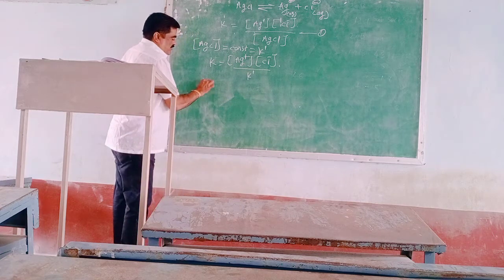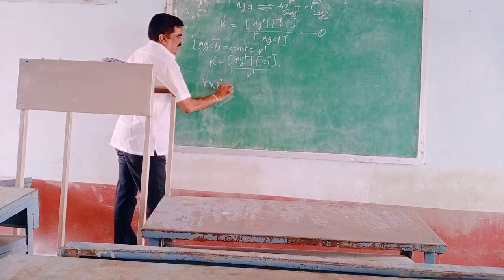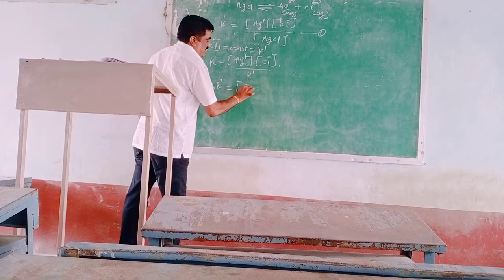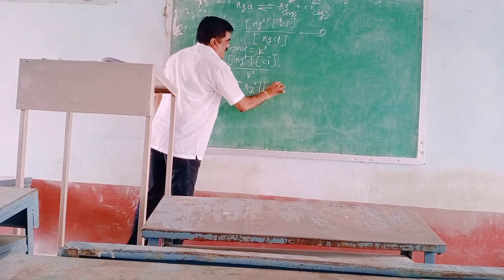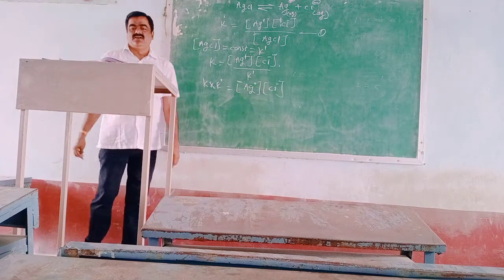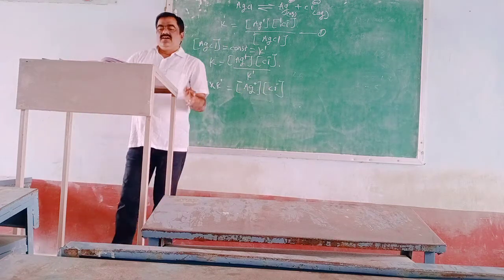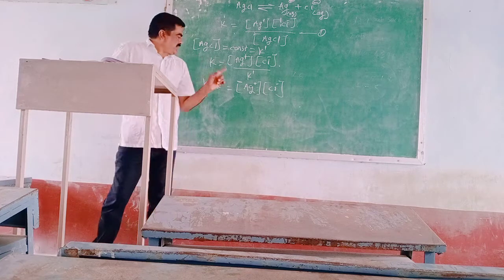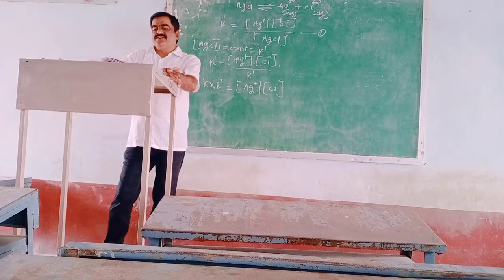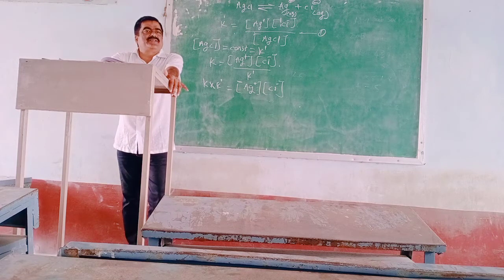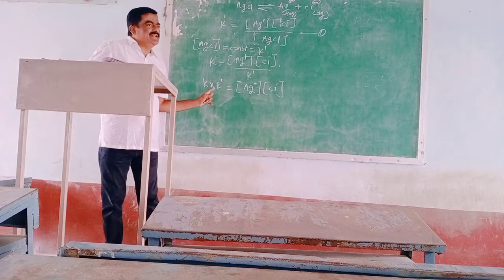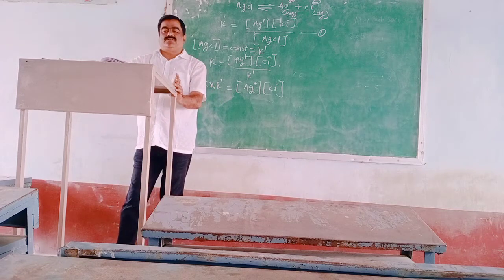Then K into K dash is equal to the molar concentration of Ag plus into the molar concentration of Cl minus. This K into K dash is the ionic product, and it is another constant that is called the solubility product.